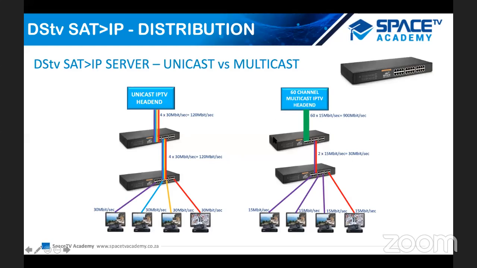So the unicast setup is more bandwidth hungry than multicast, but to achieve this management, we need layer 3 and layer 4 managed switches, and we need quite an intense network setup.